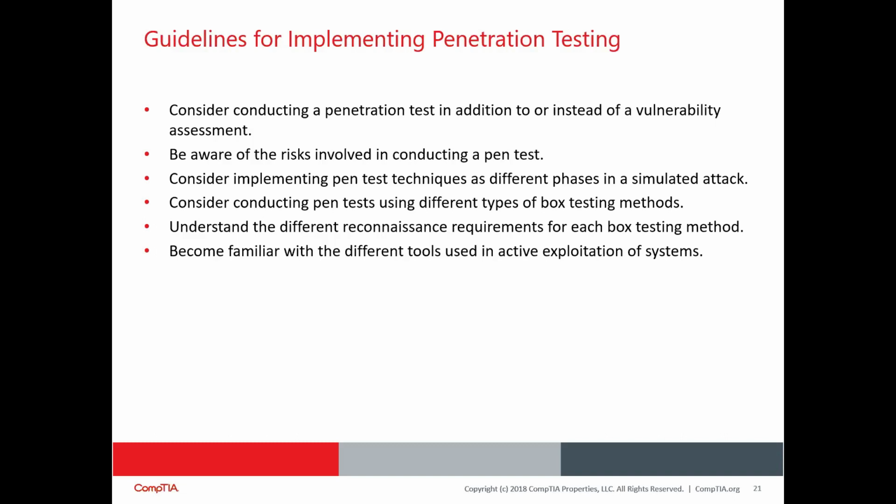Consider implementing pen test techniques as different phases in a simulated attack. For the internal pen tests, you can actually do it as part of the red team simulation. And then consider conducting pen tests using different types of testing methods.